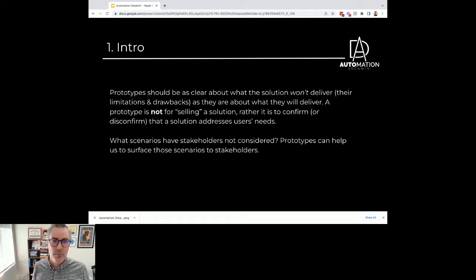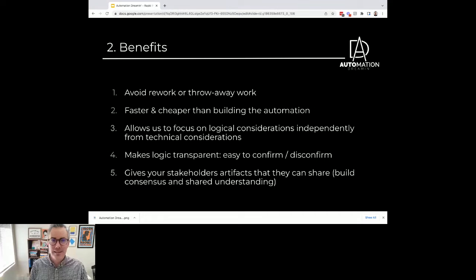Very quickly, I'll talk through the benefits of obviously avoiding rework or throwaway work. These quick and dirty prototypes, by their nature, are quicker and cheaper than building out the automation. So we avoid the sometimes costly process of building out the automation. It allows us to focus on the logical considerations and the requirements independently from the technical considerations.